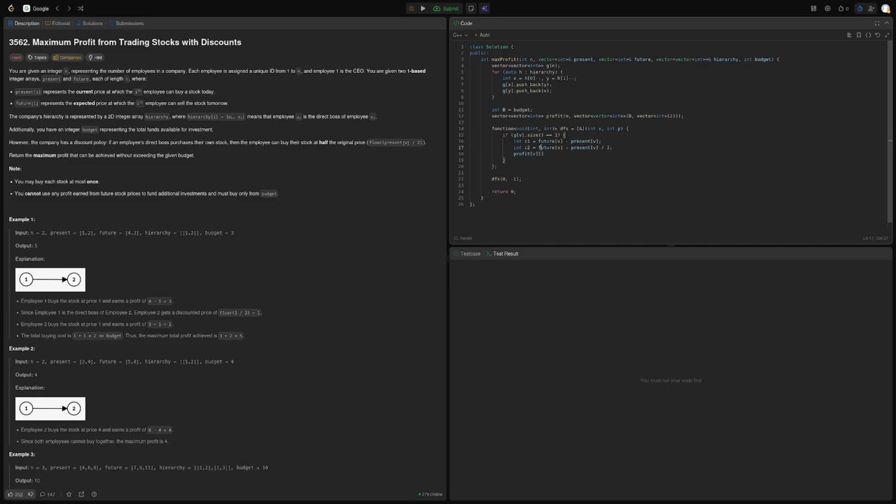So profit of, now what was the cost? That's profit1, profit1, profit2, and int cost1 is present[v], and present[v]/2, fair enough. And so with c1, we don't know if the parent bought it, so we pretend if our parent bought it, right?